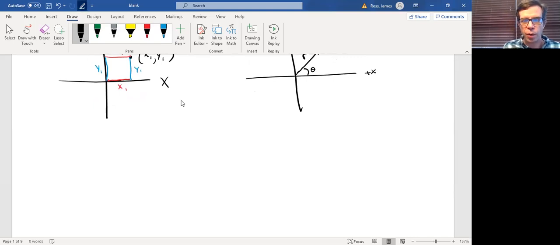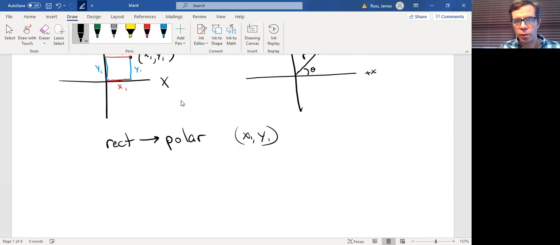All right, section 3.1 goes on to talk about the way to convert here. If we're in rectangular and we want to go to polar, we're going to take our x, y, and r then is equal to the square root of the coordinate for x squared plus the coordinate of y squared, and then square root.